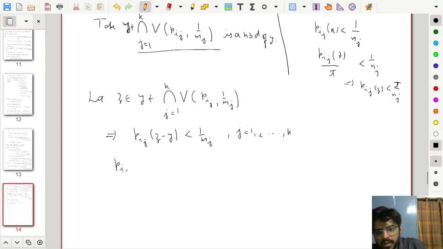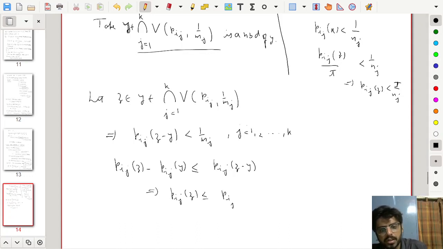We know that p_ij of z minus p_ij of y is less than or equal to p_ij of z minus y. By properties of seminorm, p_ij of z is less than or equal to p_ij of z minus y plus p_ij of y, which is strictly less than 1/m_j plus p_ij of y.